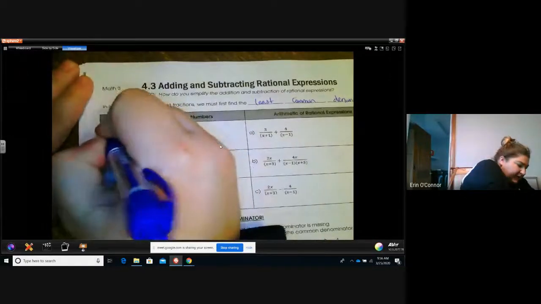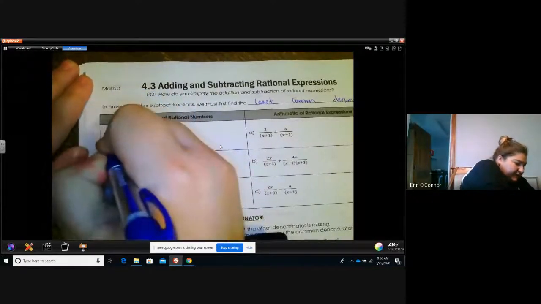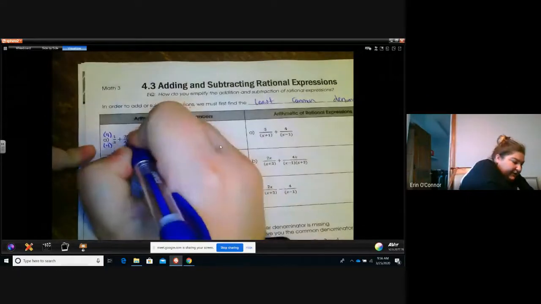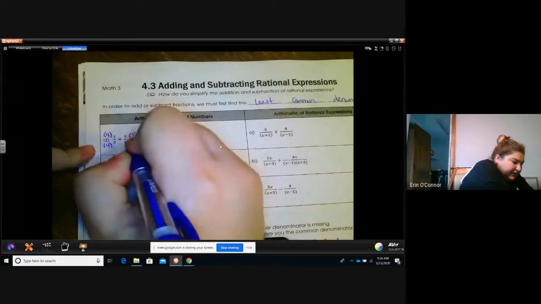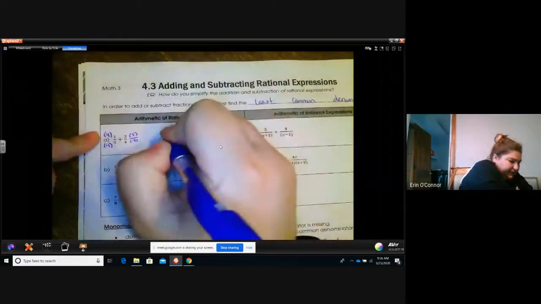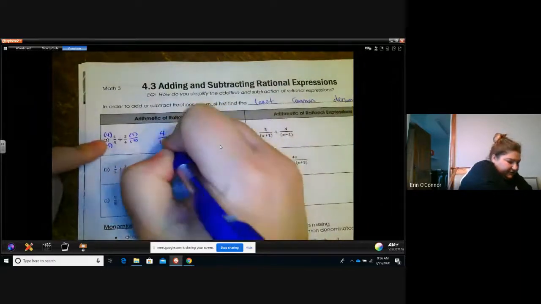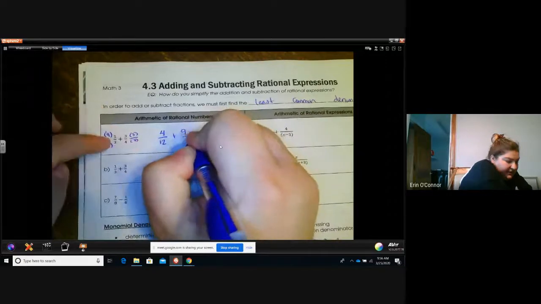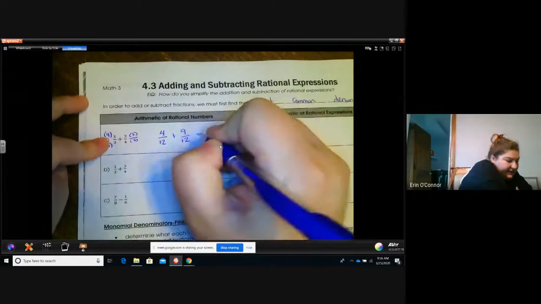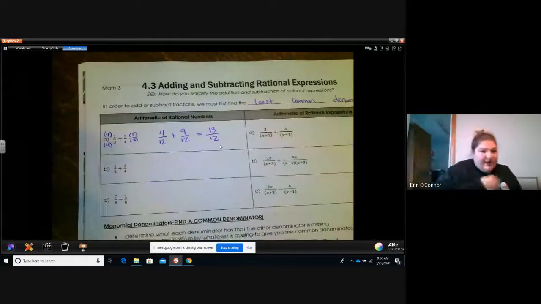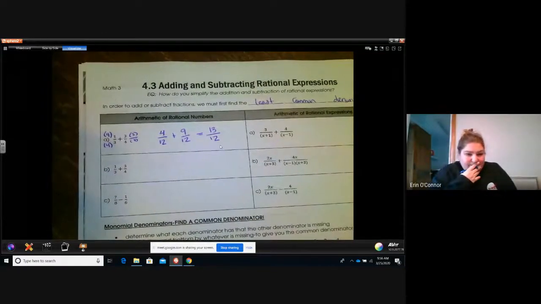So we're going to multiply the left one by 4 in the numerator and denominator to get it equal to 12, and the right one by 3 in the numerator and denominator. 4 times 1 is 4. 4 times 3 is 12. 3 times 3 is 9. 4 times 3 is 12. We add these and get 13 over 12. So it's all about least common denominators.